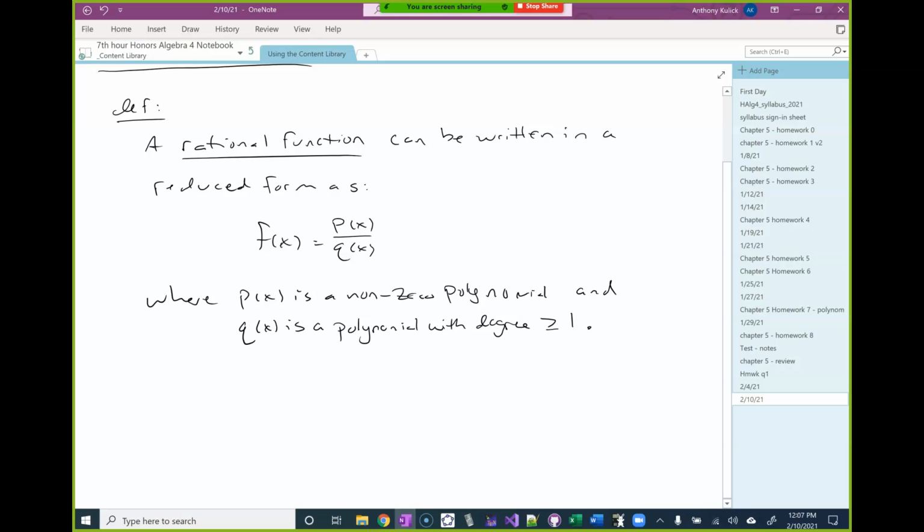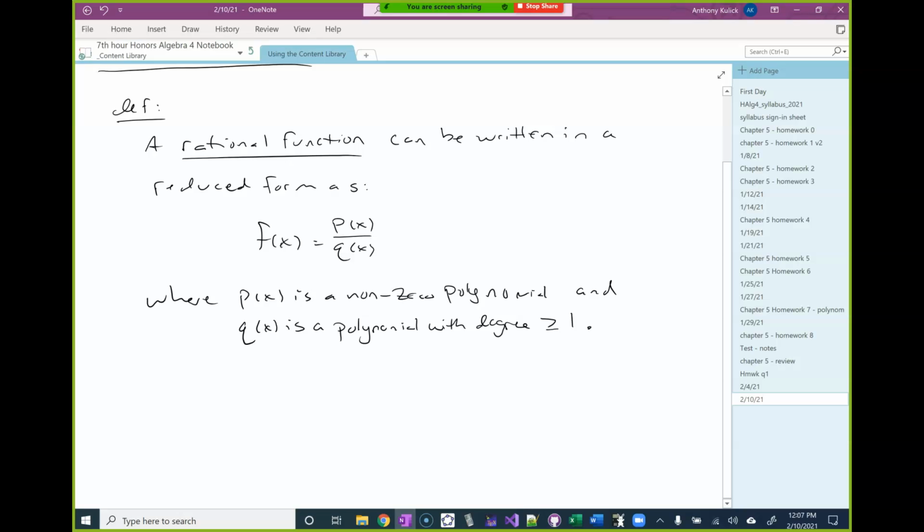And the denominator has to at least have an x in it, right? Its degree has to be greater than or equal to 1. If we allowed the denominator to be constants, you could have something like x over 2, which is just a linear function, right? That's 1/2 x. We don't want to include that. So we require the denominator has to have degree at least 1.